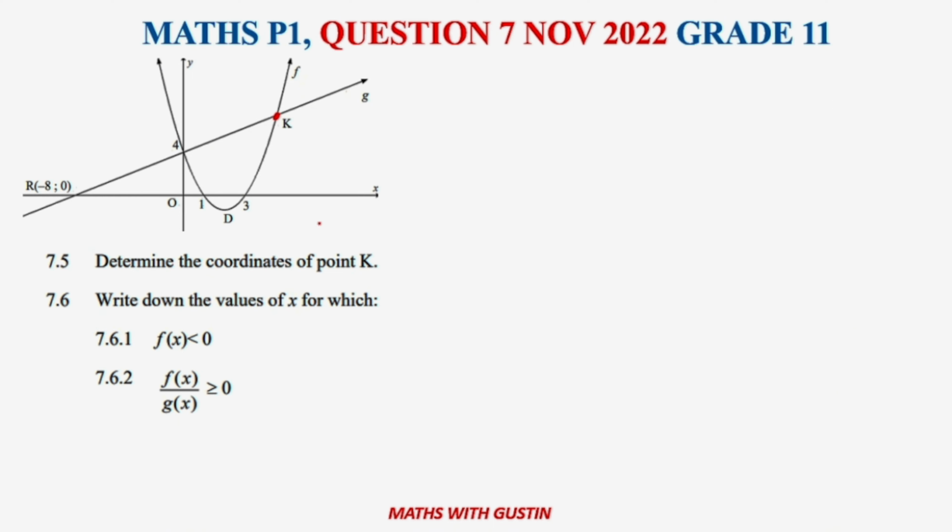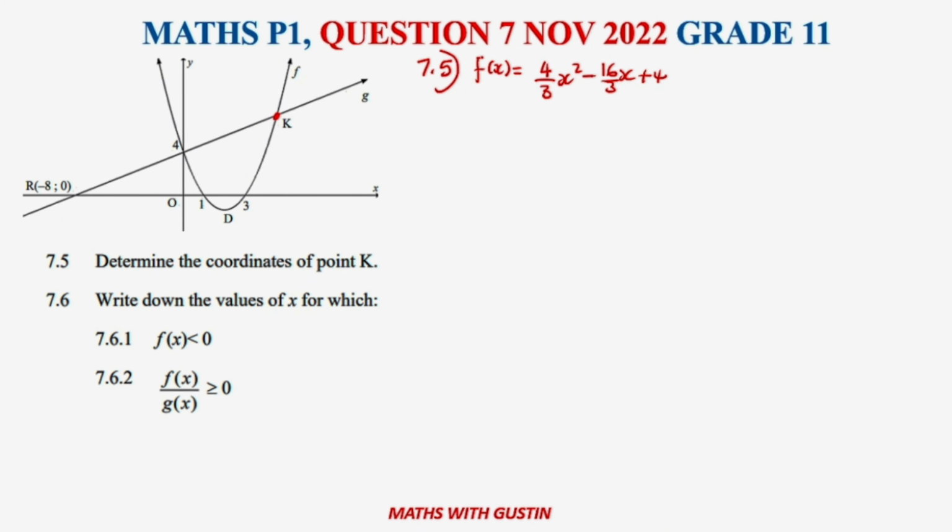With that said, for 7.5, we have already calculated that the equation of f of x is given by 4 over 3 x squared minus 1 over 6, all over 3x plus 4.